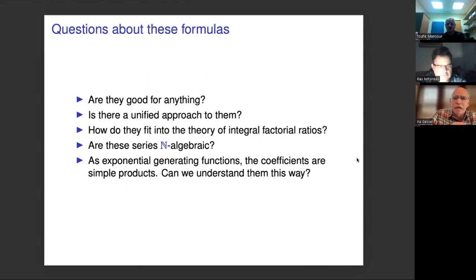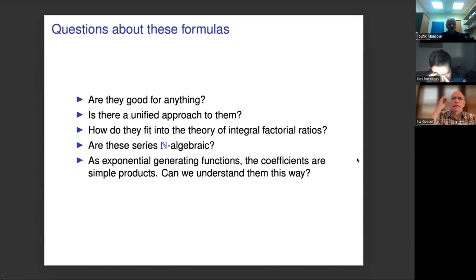And is there a unified approach to finding them? I've discovered these; a few of them are known, but most of them aren't. Is there any kind of unified approach to finding these things, is there a theory of these things? And how do they fit into the theory of integral factorial ratios, about which there are some very deep things known?